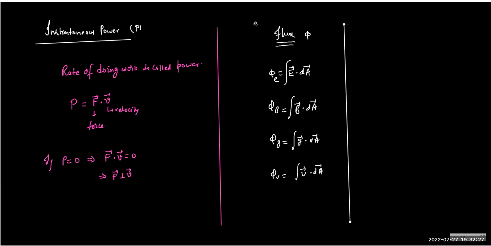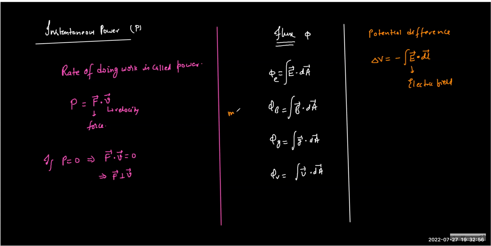We also have something called potential difference. How do we write this potential difference? We write minus E dot dl, which is again displacement only. E is called electric field. B is called magnetic field.